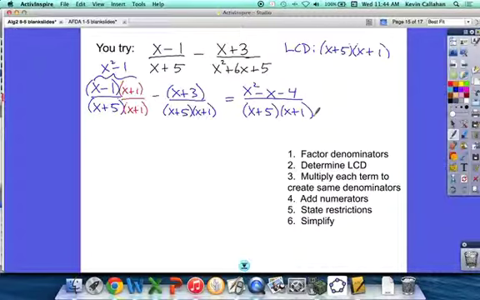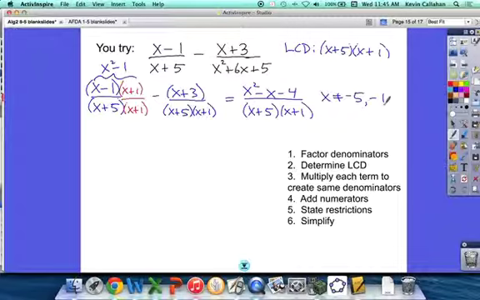State the restrictions: x does not equal negative 5 or negative 1. Then simplify if you can. Looking at that numerator, unless I did something wrong, that's not factorable. Can you think of factors of negative 4 that add up to negative 1?